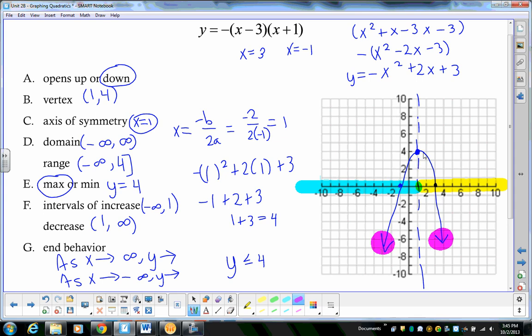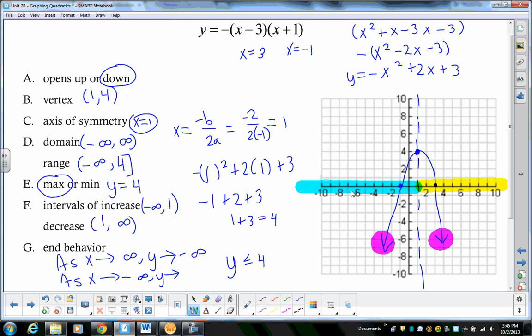So as I put in higher and higher values for x, I plug in 2, 3, 4, 10, 20, 40, 70, a million. The higher values I put in for x, what happens? Well, y gets lower and lower because no matter what values I put in here, it ends up making it negative. So therefore, as x approaches positive infinity, y approaches negative infinity.